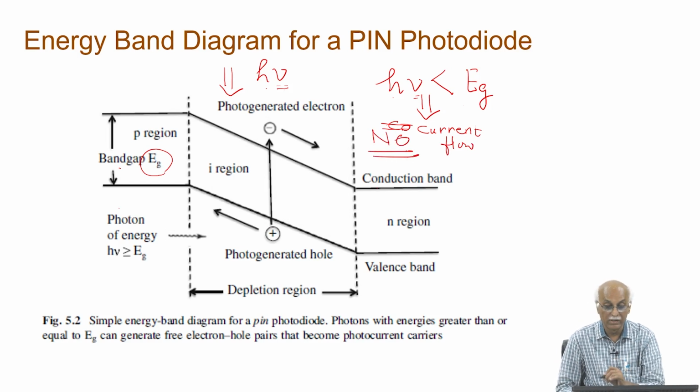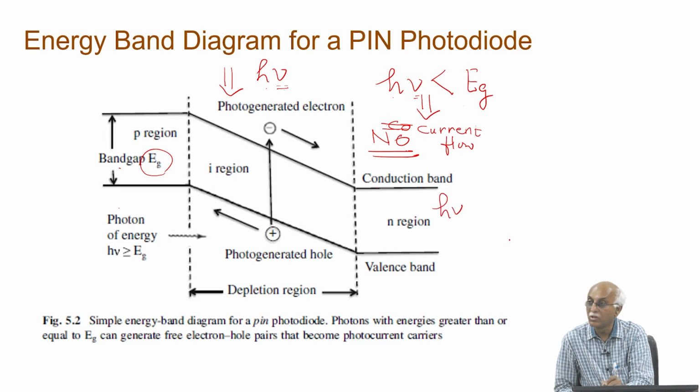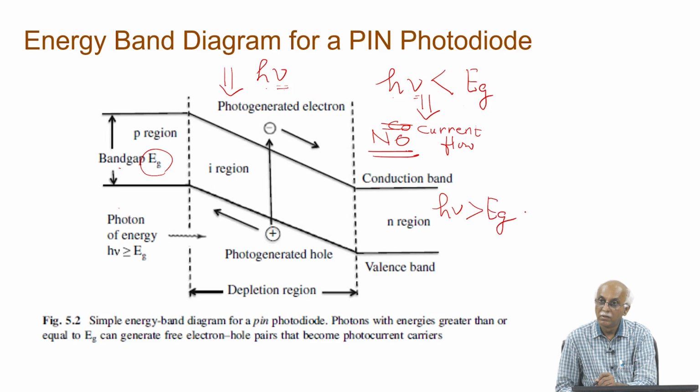However, if the photon energy h nu is greater than the band gap energy, then this energy is sufficient, so automatically this conduction will come into picture.